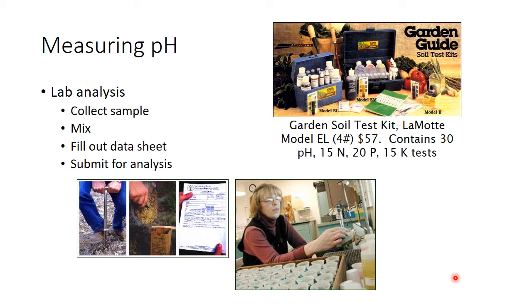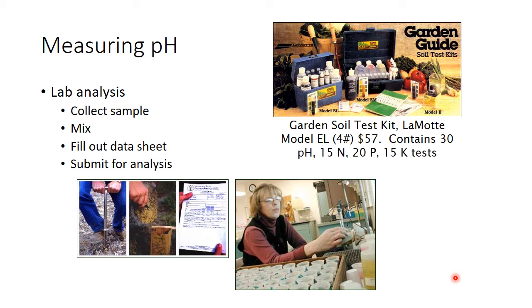The soil would normally be ground up and dried, and then as that soil is processed, they add water to it to make a slurry, usually a 1-to-1 ratio of 1 part water, 1 part soil. They stir that up, stick in an electrode, and the electrode measures the active acidity.